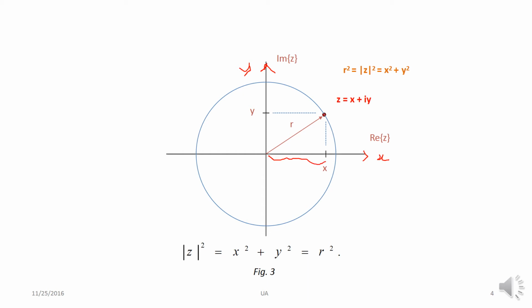This is r cos theta, this is r sin theta, this angle is theta, the point is here, and r square is equal to x square plus y square, and this is our circle and its equation. So mod z square is equal to r square, which is equal to x square plus y square. In other words, r is equal to under root x square plus y square. So we got our equation of the circle.